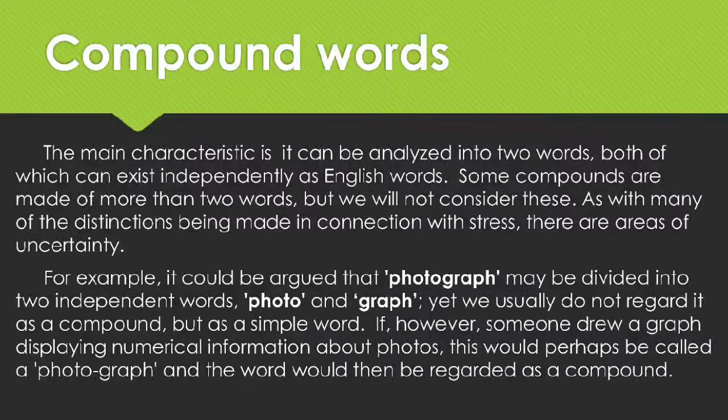We usually do not regard it as a compound but as a simple word. If, however, someone drew a graph displaying numerical information about photos, this would perhaps be called a photograph, and the word would then be regarded as a compound.